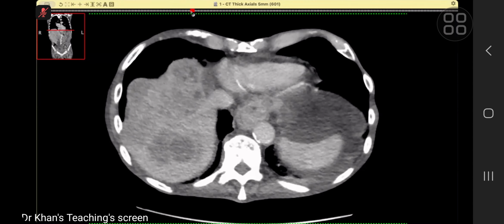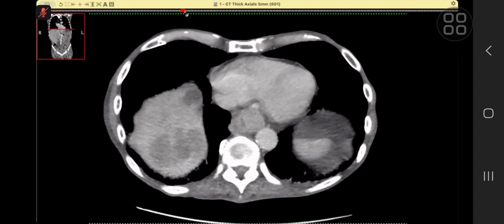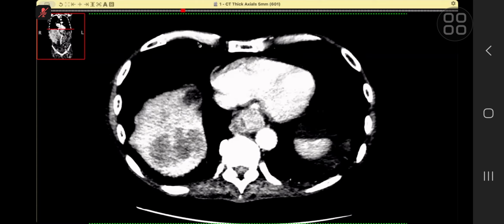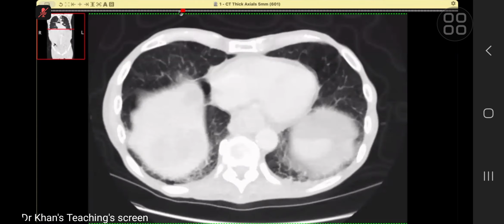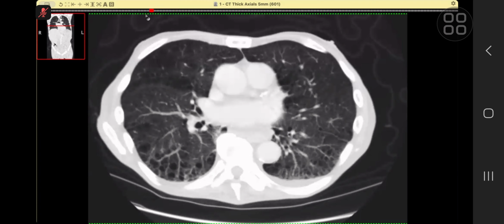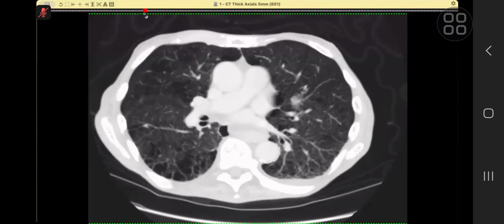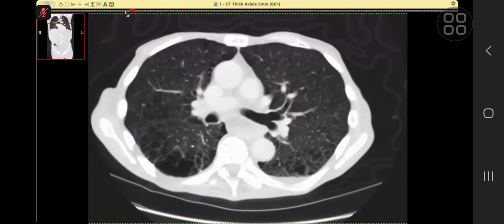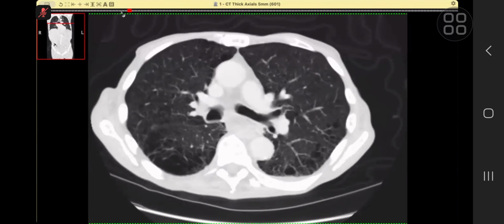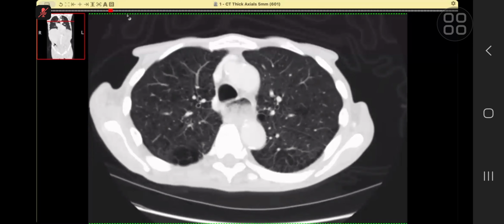Sir, I would like to look at the lung window images to look at any abnormalities in the lung. So there is evidence of extensive emphysematous changes seen in bilateral lung parenchyma, in the lower lobe.